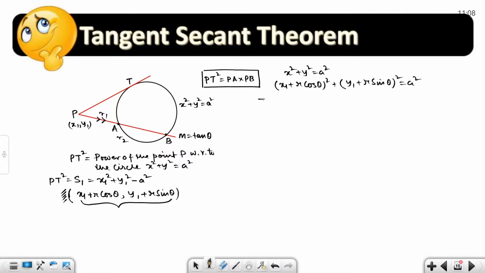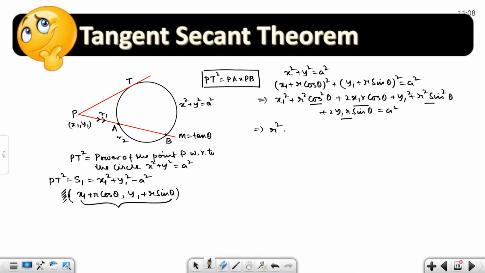Now if I open the brackets, right? So let me just form this quadratic equation in R. From this 2 we are getting only R square.